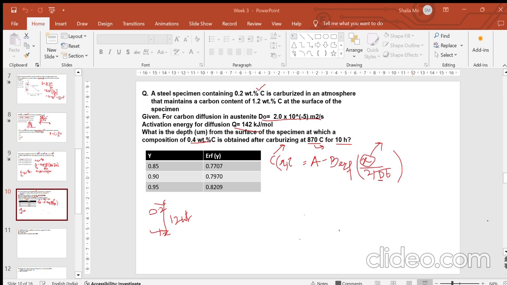So the final answer is 7.74 into 10 raised to minus 12, I think. You should have a higher D value, yes, because of the higher temperature. So we have found the value of D2 now.